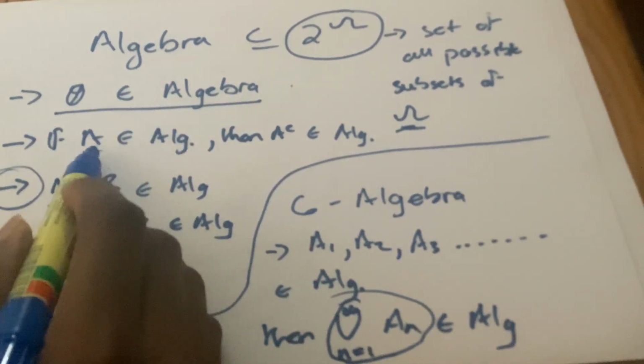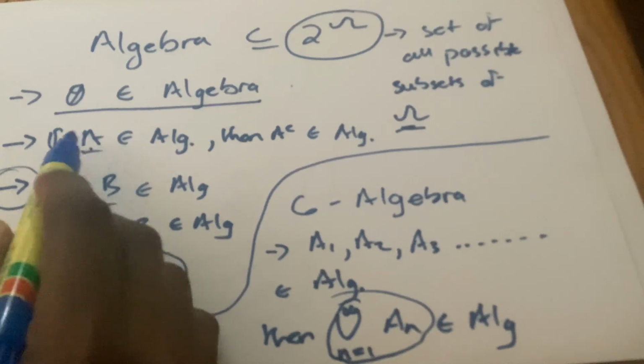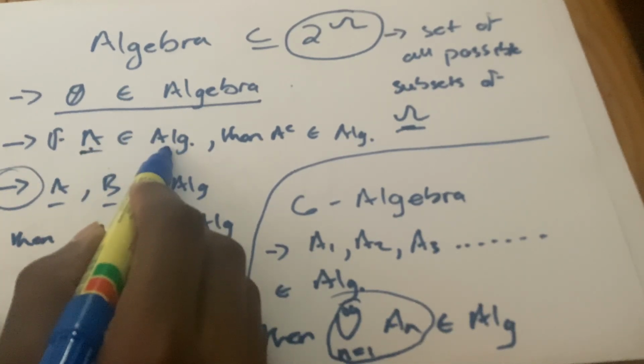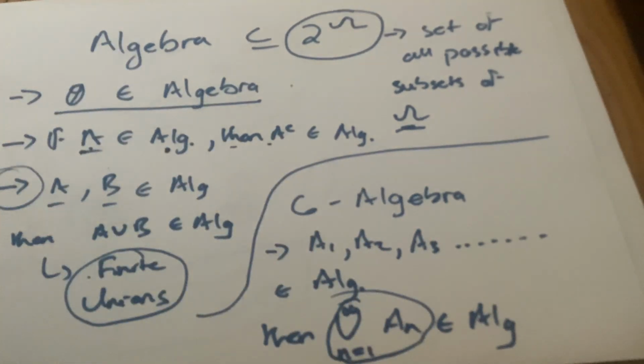The second condition says that if a set is part of the sigma algebra, then its complement must also be part of the sigma algebra. What does this mean? This essentially says that if I have information about what something is, then logic dictates that I should also know what it isn't.